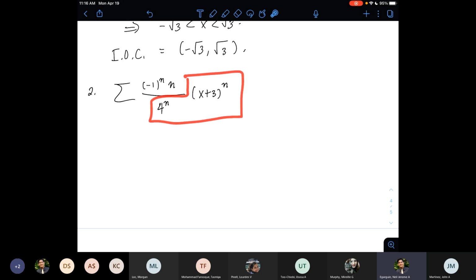But the remaining factors that we observe as your a is not a constant, but they depend on the variable n. So it is not geometric in form, so I cannot use the easy test, the geometric series test. So here I'll use the ratio test.